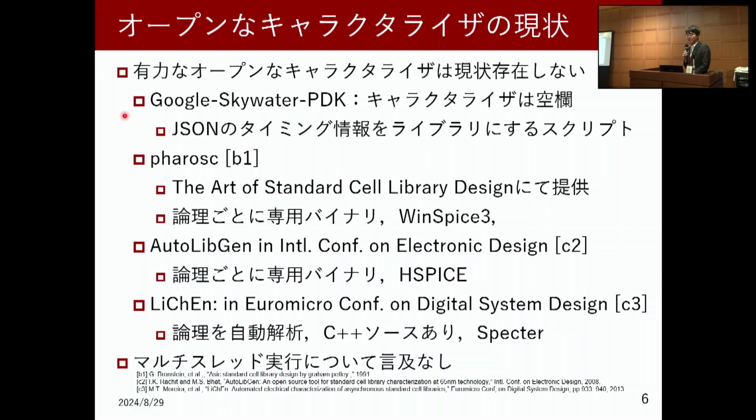Here is a list of characterizers. Sorry, this is somewhat old, but anyway, these characterizers have pros and cons. For example, this one is a characterizer, but it uses individual characterization binaries for different logic cells, or sometimes they use commercial SPICE, meaning SPICE 3 or HSPICE or Spectre.